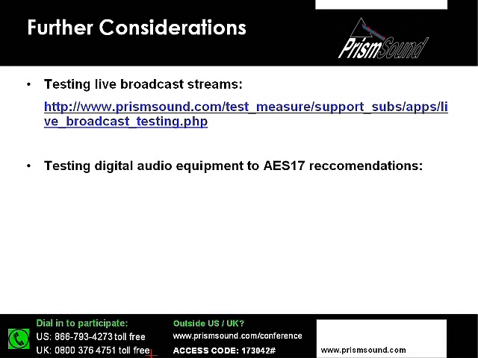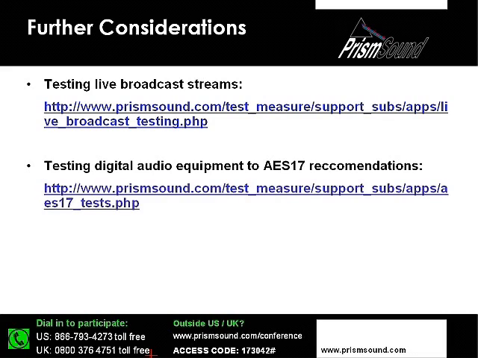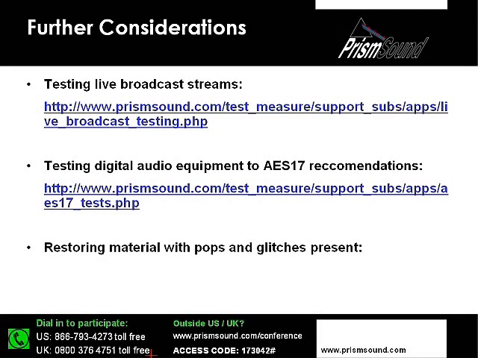And again, there is some further information on that on our website, and there is a complete suite of semi-automated audio tests within the DScope software that allows you to perform functional tests according to the AES3 specifications or recommendations, more accurately.